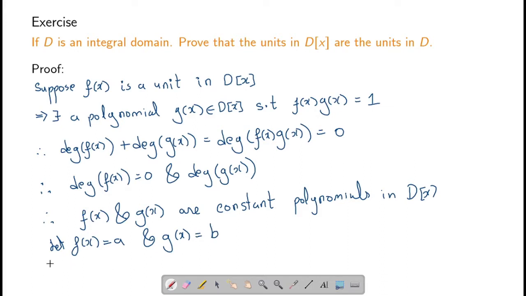What does this mean? This means that, as we can see here, f(x) times g(x) is 1.